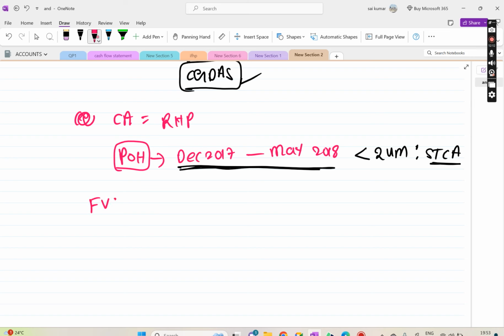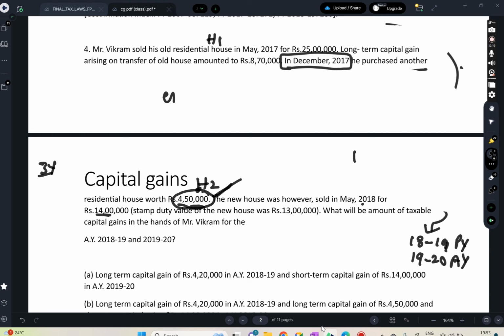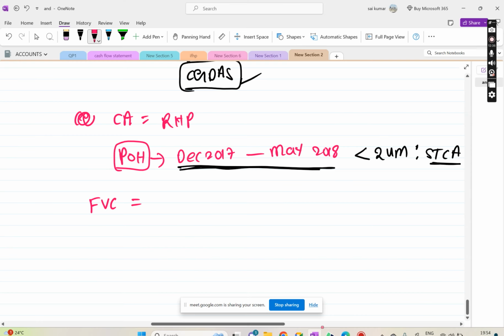Now full value consideration. We sold it for 14 lakhs, and they have given the stamp duty value of the new house as 13 lakhs. This part I will explain a little later. So FVC is equal to 14 lakhs. Then minus cost of acquisition.